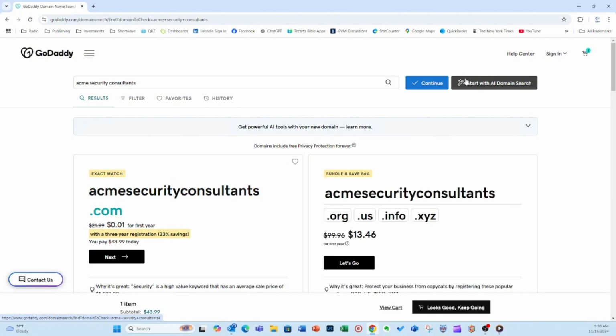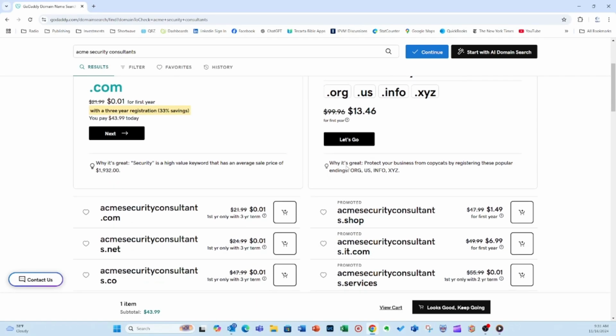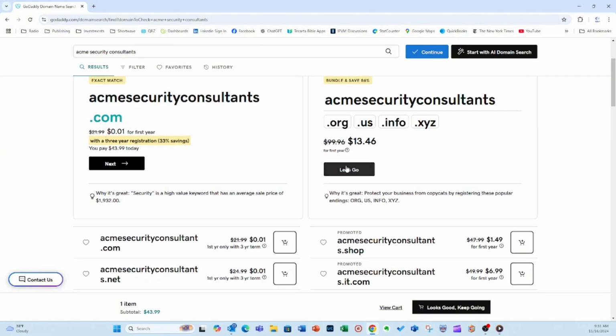In this case, we are in luck. A domain name with the most popular extension, .com, is available at a reasonable price. Please note that the same name with other extensions, such as .org, .net, .info, and many others are also available.